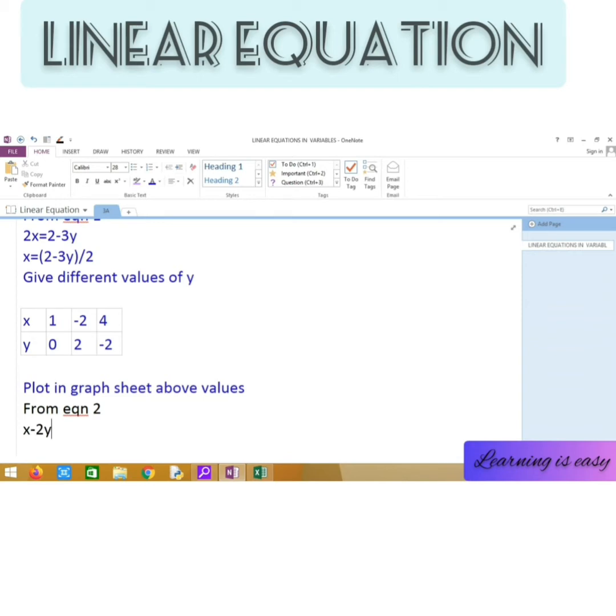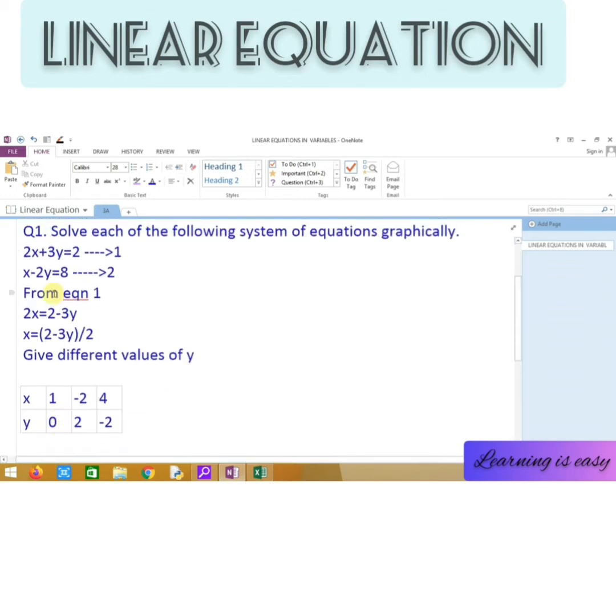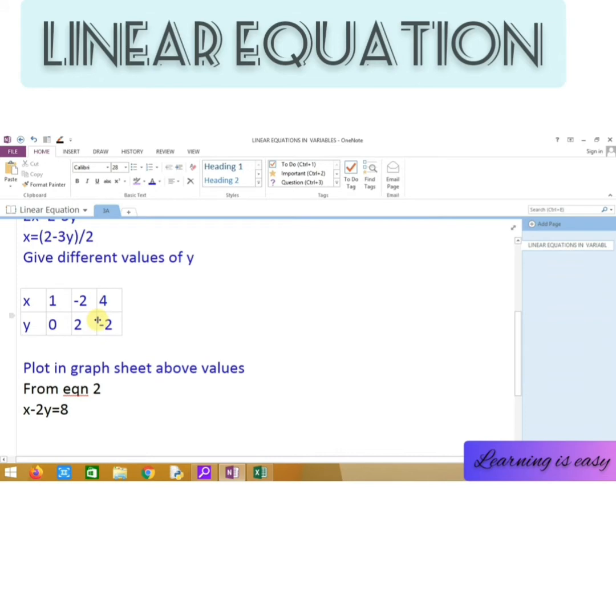So equation 2 is x minus 2y equal to 8. So x equal to 8 plus 2y. So by substituting random values for y, we can get the respective value for x.